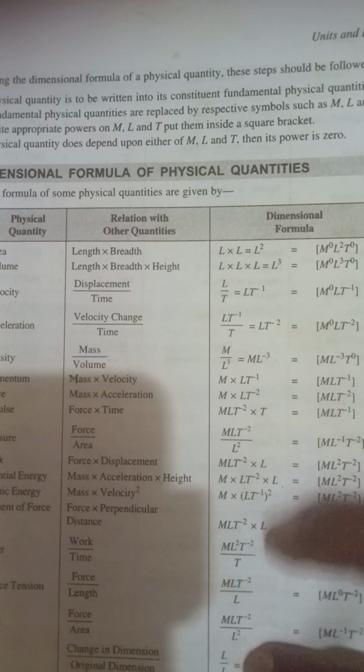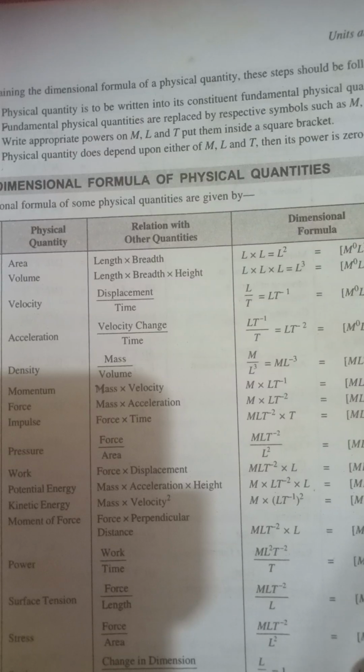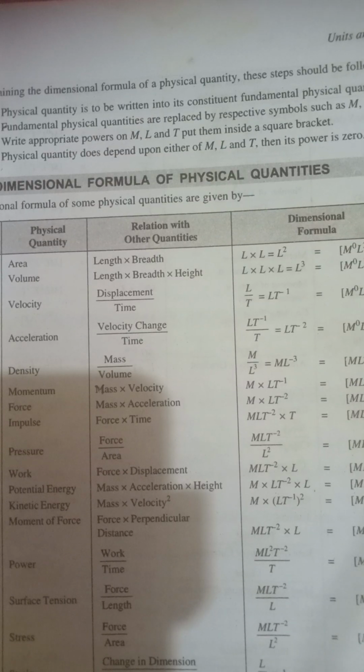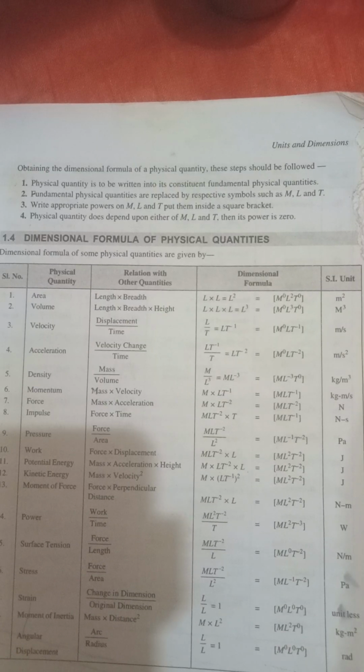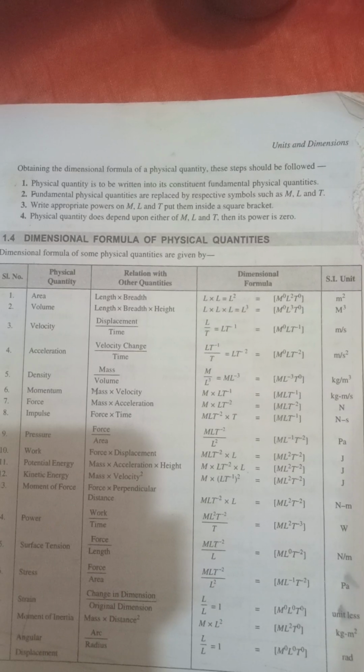Density is mass upon volume, M upon L cube, M L inverse 3, T to the power 0, kg per meter cube. Momentum is mass into velocity, M L T inverse, SI unit kg meter per second.